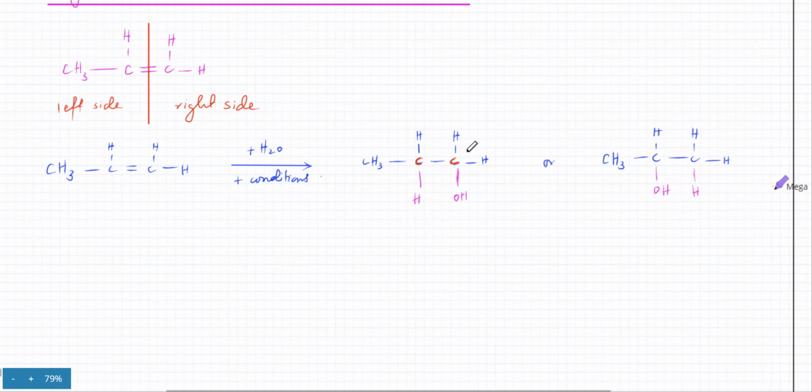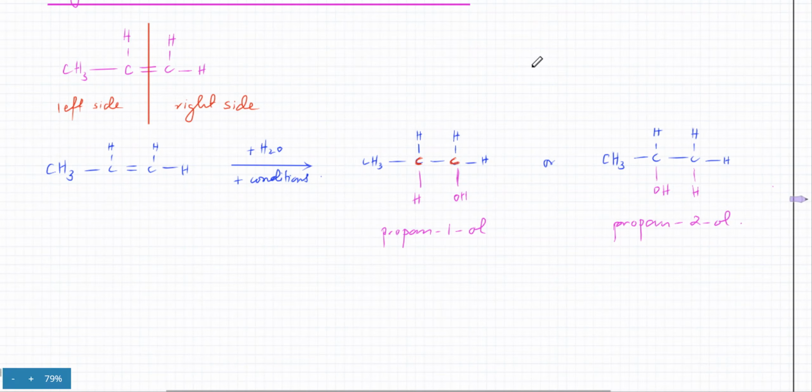So there are two totally different molecules that are possible if you have an unsymmetric alkene and you start doing an addition reaction. This one is propan-1-ol, whereas this other one is called propan-2-ol.